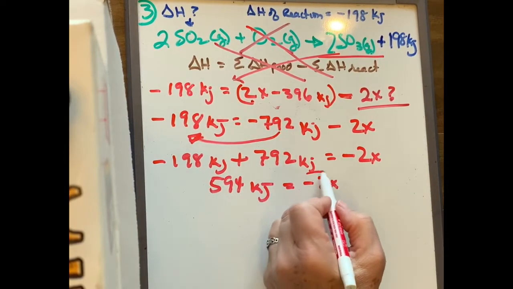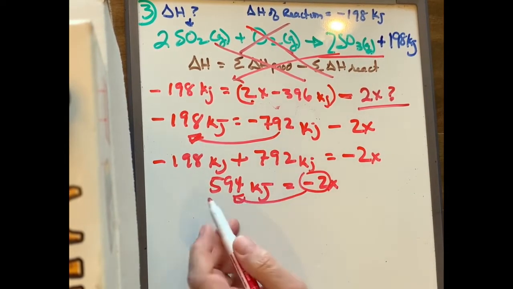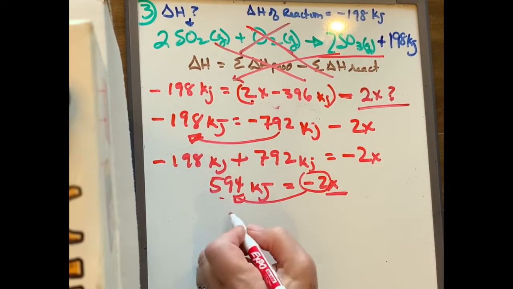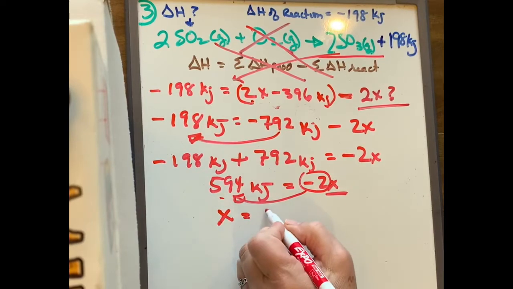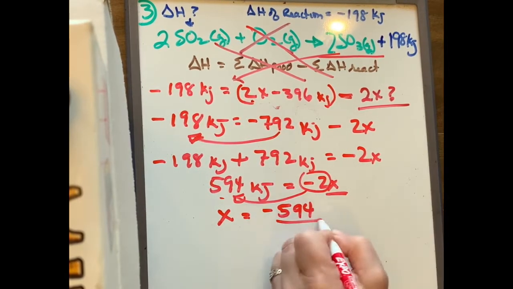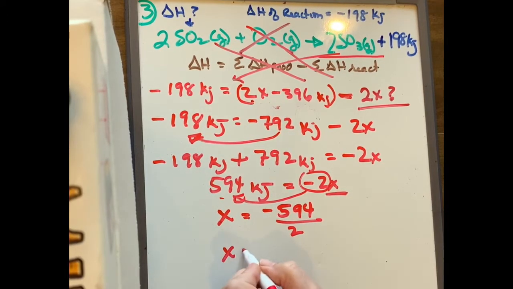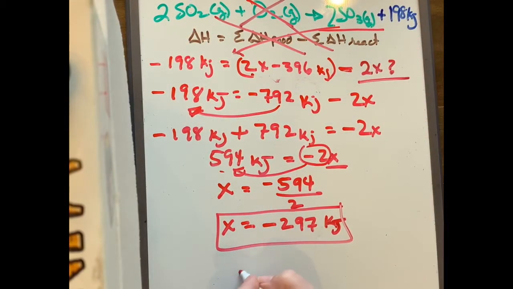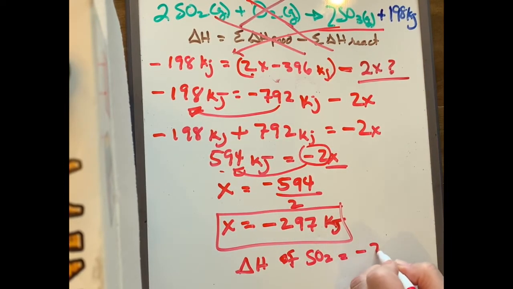And we take this negative 2, bring it over, and divide, because we have to isolate for x, remember? So I'm going to flip this, it's easier for me. x equals minus 594 over 2, and that gives us x is minus 297 kilojoules. Our delta H of SO2 equals minus 297 kilojoules.